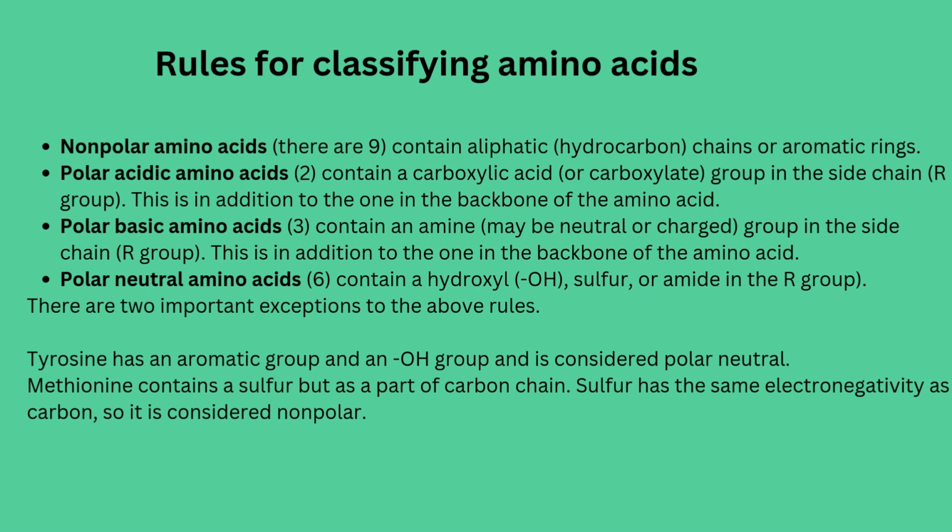This is in addition to the one in the backbone of the amino acid. A polar basic amino acid will contain one amine that can be neutral or charged in its side chain. This is in addition to the other one in the backbone of the amino acid. A polar neutral amino acid will contain one hydroxyl group, one sulfur group, or amide group in the R group.